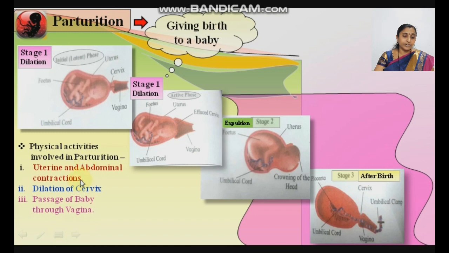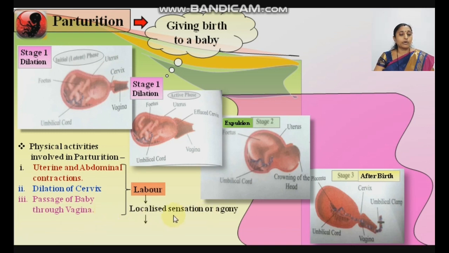All these three collectively are called labor, and labor is accompanied by a localized sensation of discomfort to the mother, or another word for this, agony, known as labor pain. Without labor pain there is no easy delivery of the baby. So labor pain is the most essential event.